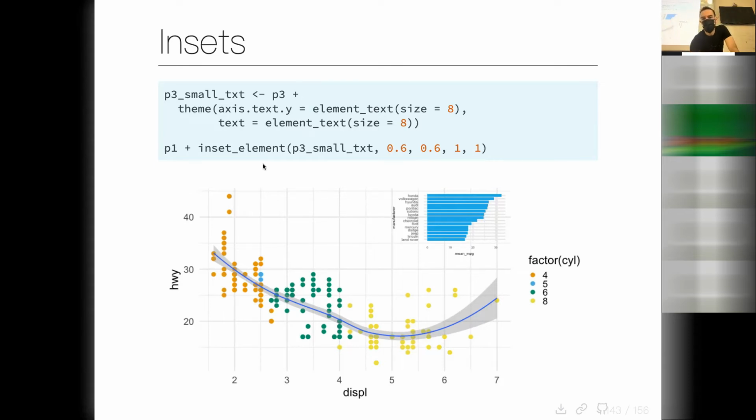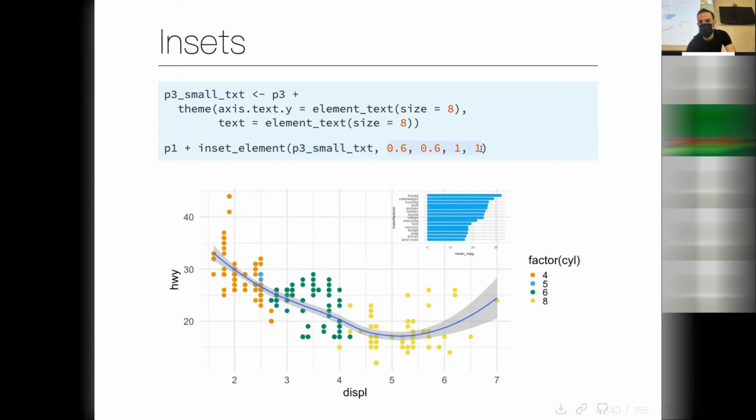So this is the figure I want to insert into that figure. I'm going to say p1, my scatter plot, plus inset element. That says I'm going to insert a plot into p1, and then I say p3 small text. That's the one I'm going to insert.